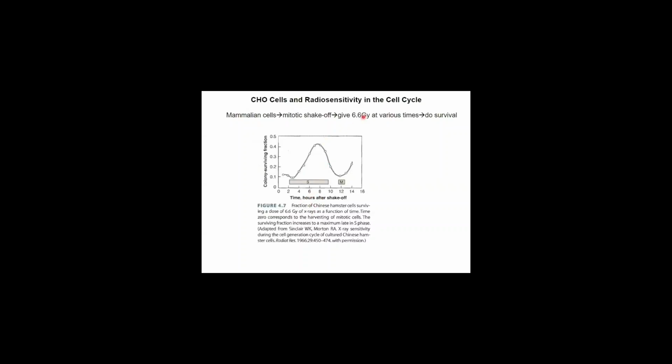They gave them a dose of 6.6 gray, and then tested different survival times. What do they show? They show that M and G2 are very sensitive phases of the cell cycle. Late S is among the most radioresistant phases of the cell cycle.